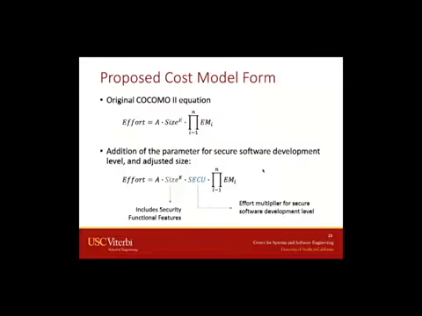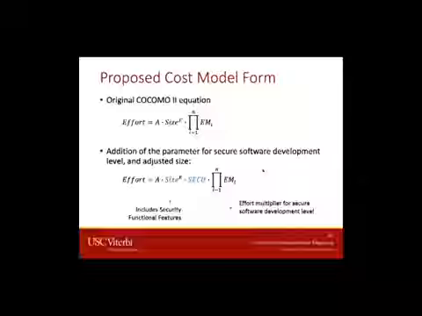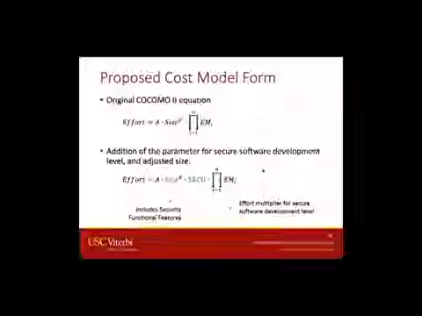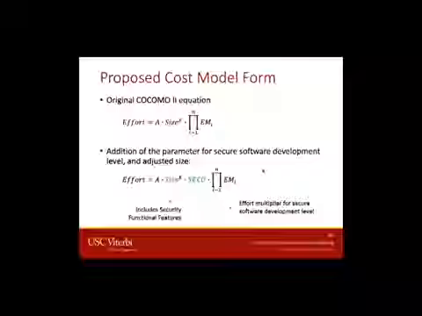So we propose adding a new security parameter in the COCOMO equation form. The COCOMO 2 equation calculates the effort in person months, having as input a constant A, the size of the application, an exponent E representing economies or diseconomies of scale, and N effort multipliers for various project, product, and personnel attributes.